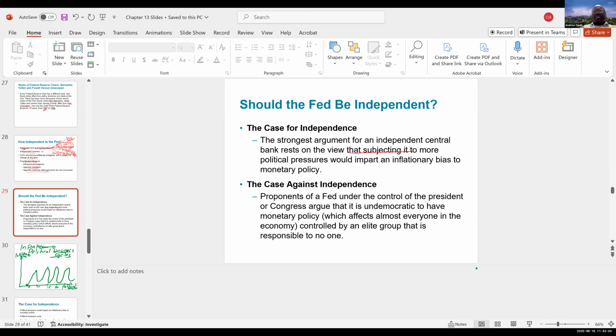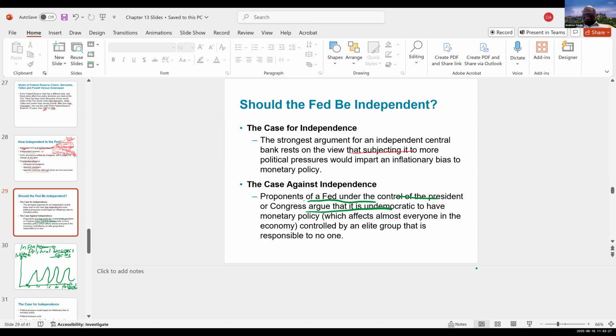That's the strongest argument. The case again is independence. There are people who don't like what the Fed is doing. They're going to argue that the Federal Reserve is run by a few elite groups, like economists, the 12-member body which makes decisions on interest rate. They vote on interest rate every month and a half, they meet 8 times.